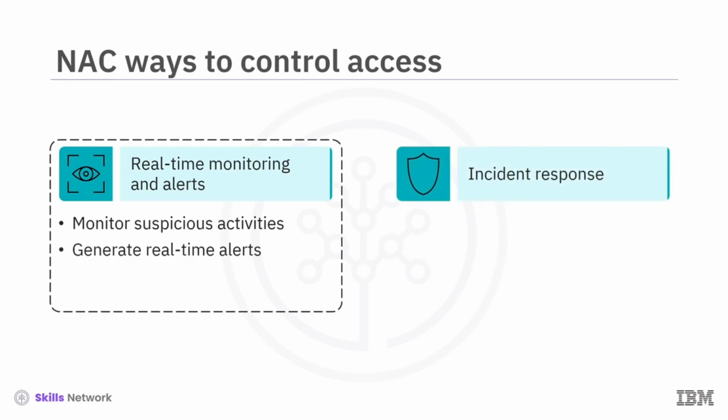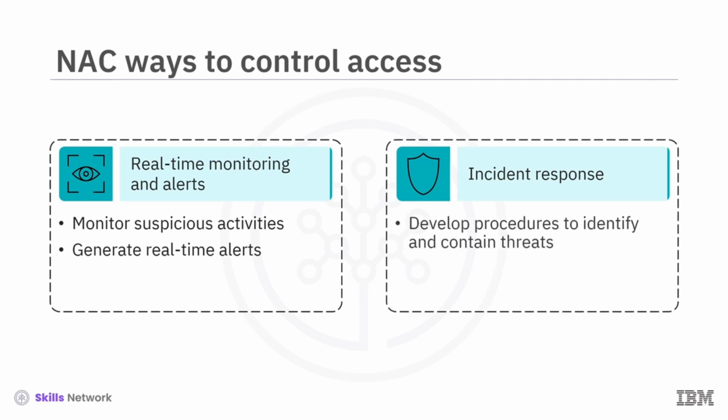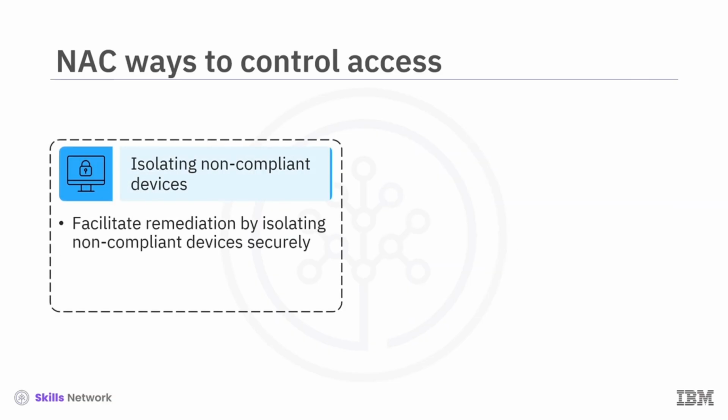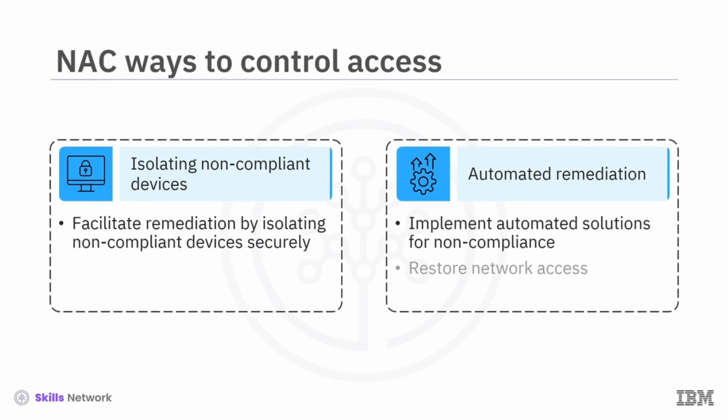Developing and implementing incident response procedures for access control violations, including identifying sources, containing threats, and taking corrective measures to prevent future incidents. 3. Placing non-compliant devices in a quarantine network for remediation, ensuring they don't risk the main network. 4. And implementing automated remediation to quickly address non-compliance and restore network access for legitimate users.